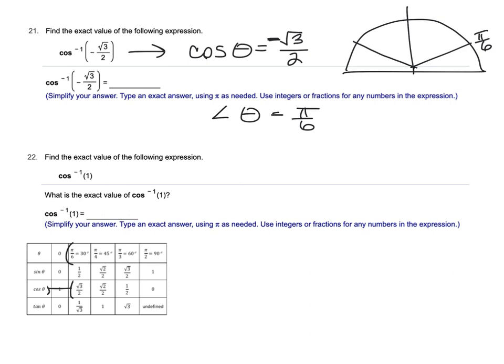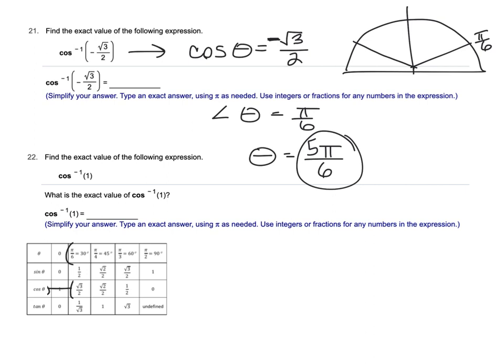This is not negative pi/6. We have to write it as a quad 2 angle. There's my reference angle, but the quad 2 angle is 1 less on top than the bottom, 5 pi/6. So that's your quadrant 2 angle that has the reference angle pi/6. That's my answer.